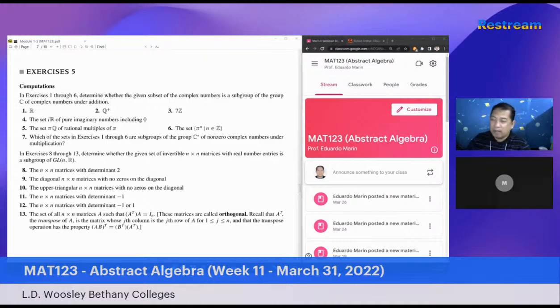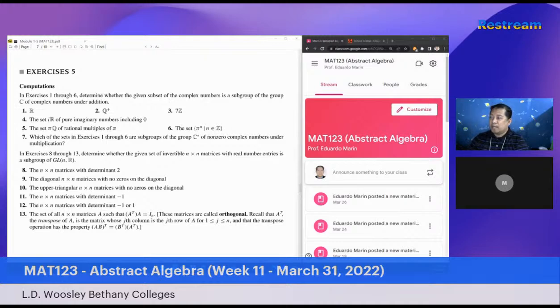I think the including 0 is important there. So it's purely imaginary, no? It doesn't have a real part component, so it's not a mix of real and imaginary. For number 4, so it's true. So it's a subgroup.